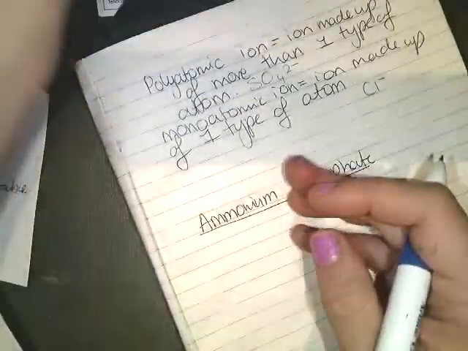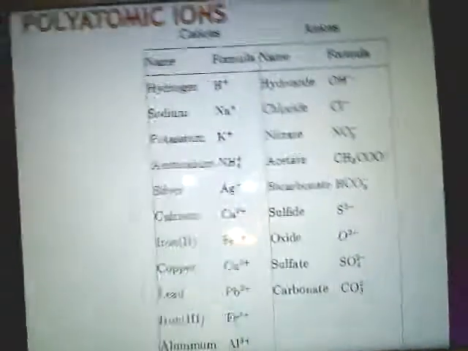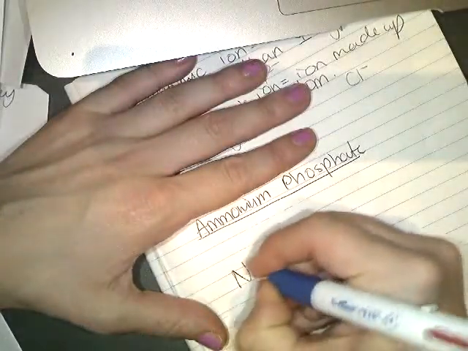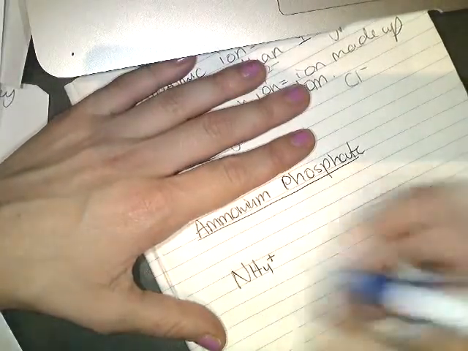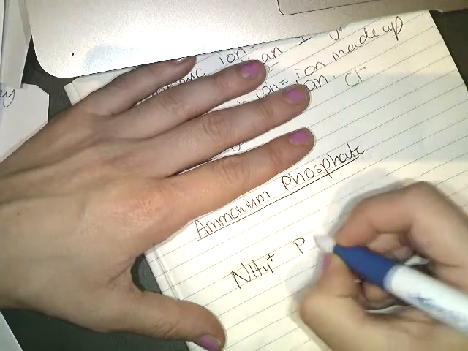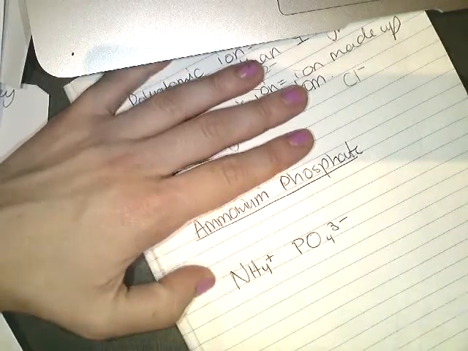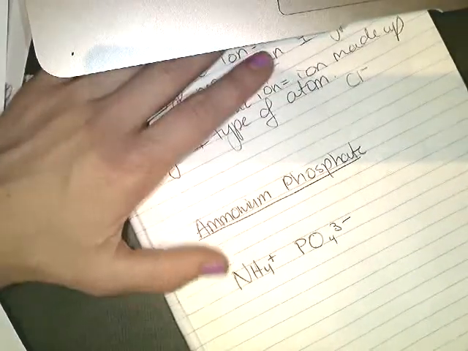Now, if we find our cation, ammonium, you don't have to know off by heart, you'll get this table. It's NH4+. So, NH4+. Phosphate is PO4 3-. So, we follow the same steps.